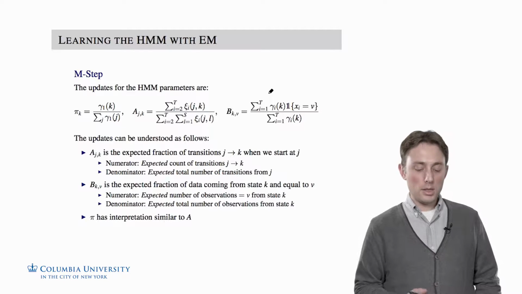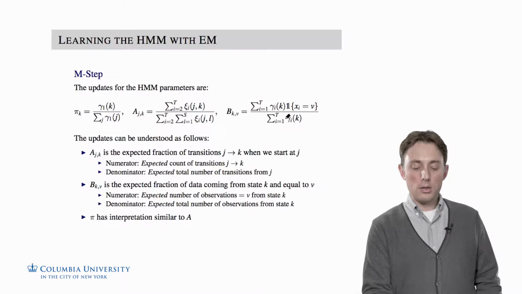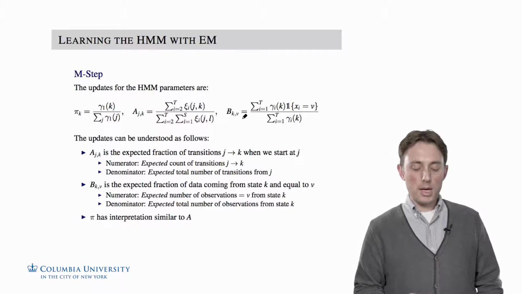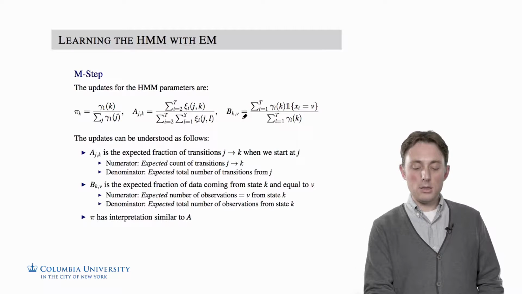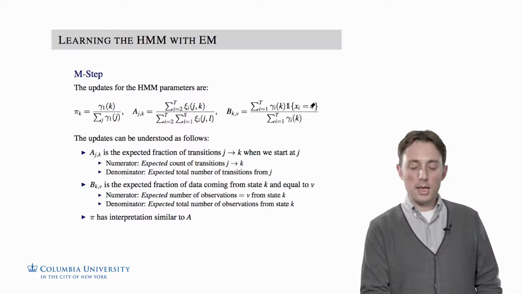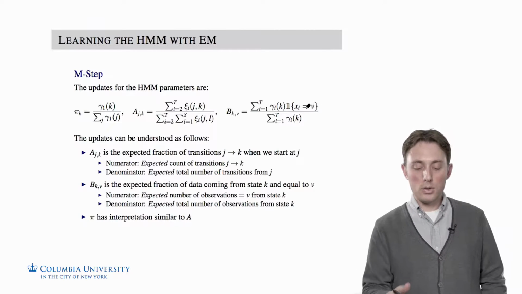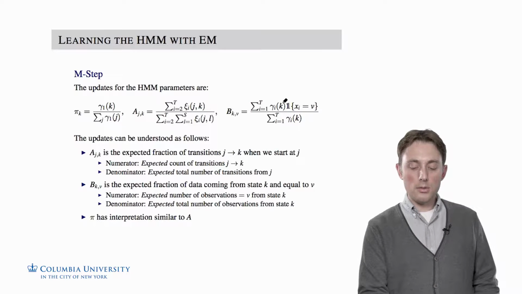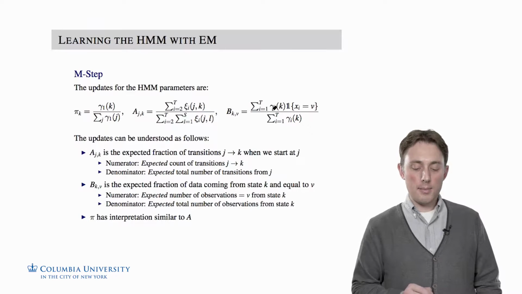B is essentially the same. The numerator is the expected number of times I observe the output v from state k. Here I have an indicator that the ith observed value is equal to v, since we have a discrete HMM. So an indicator of observing v at time i, and then the probability of being in state k at time i.